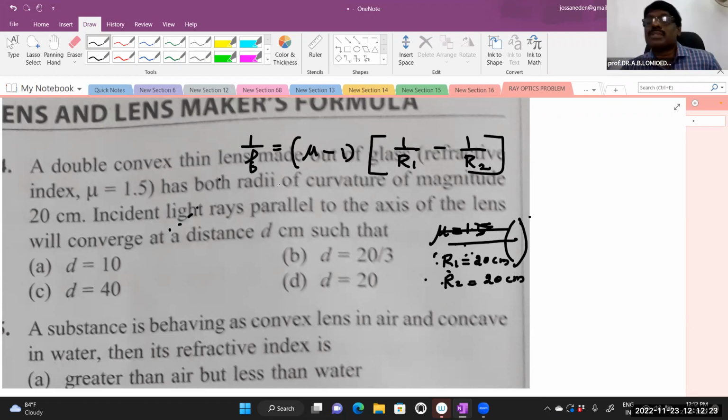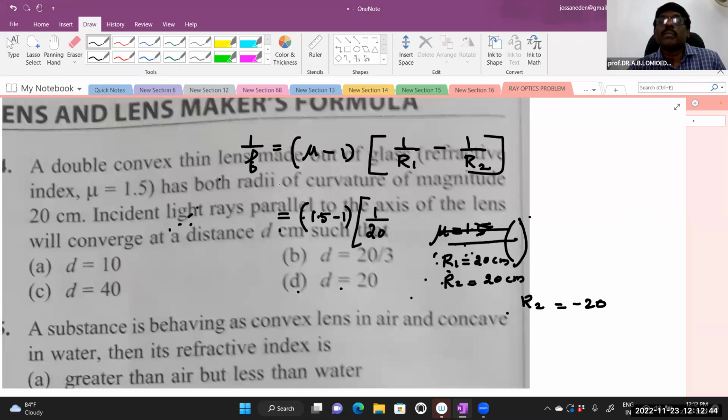As per sign convention, R2 should be taken as a negative value, that is minus 20. Here, the mu value is given. What is that? 1.5 minus 1, times 1 by R1, 20, minus 1 by minus 20, because R2 is minus 20.